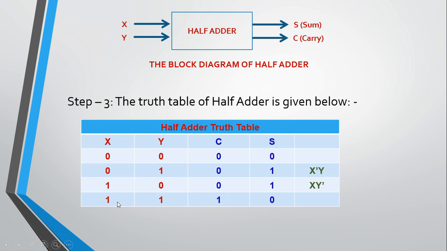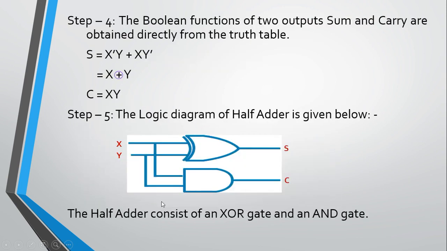Now see the variable C, that means carry equals x into y over here. So x into y can be represented using an AND gate. So the diagram would be in this way, and finally carry is generated. So this is the logic diagram for the half adder circuit, and over here we have used two gates, number 1 XOR gate and number 2 AND gate.